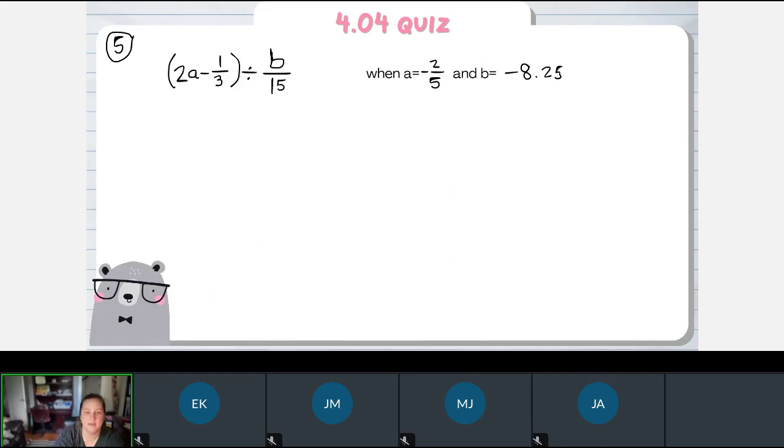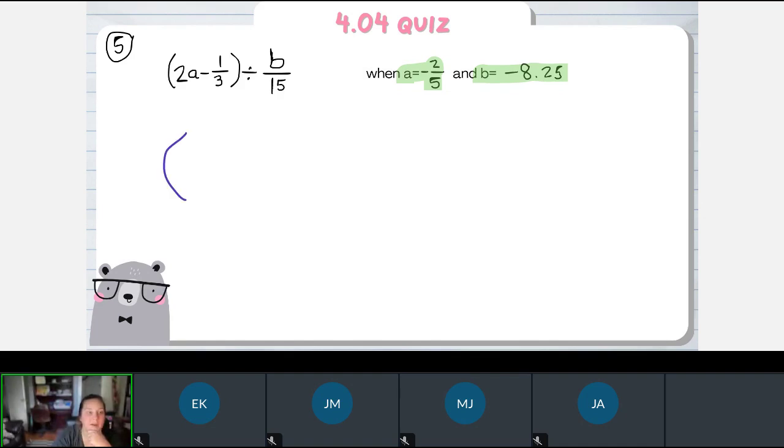All right, let's go to the last one, number 5. Again, we need to plug in these numbers. A equals -2/5 and B equals -8.25. So let's go ahead and plug those numbers into our equation. So remember, when you see a number and a letter squished right next to each other, that's multiplication.